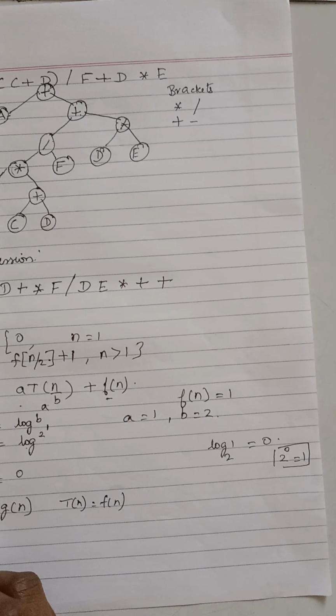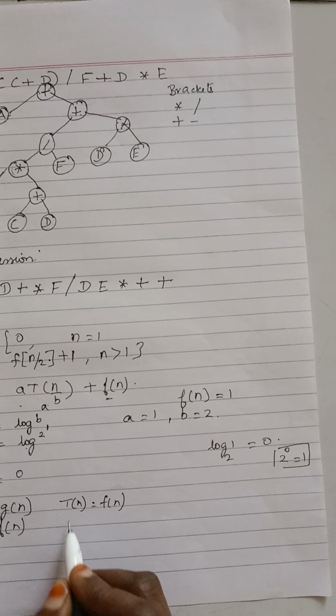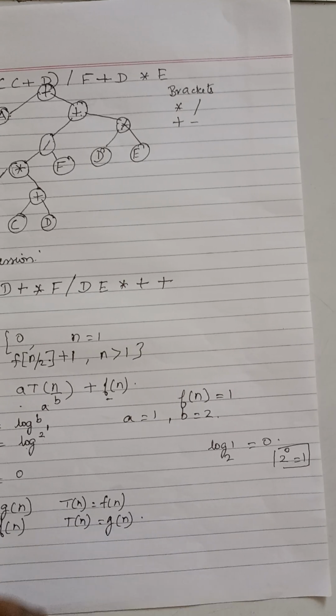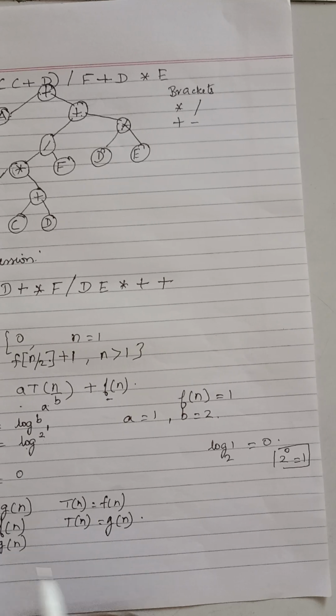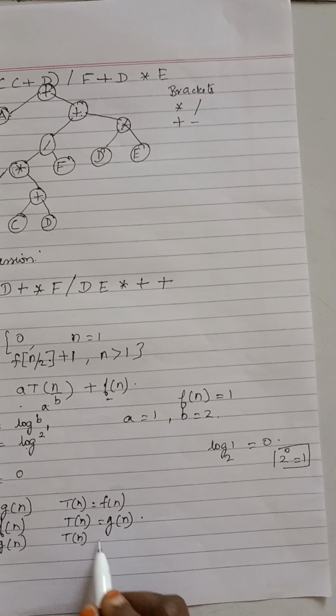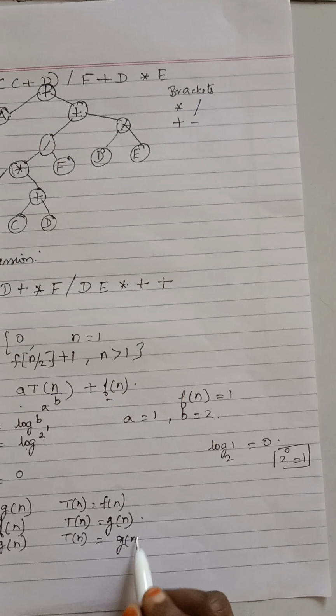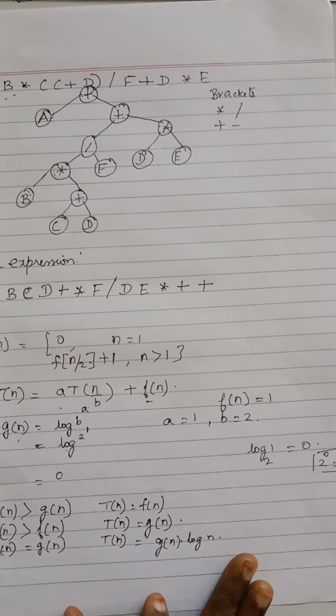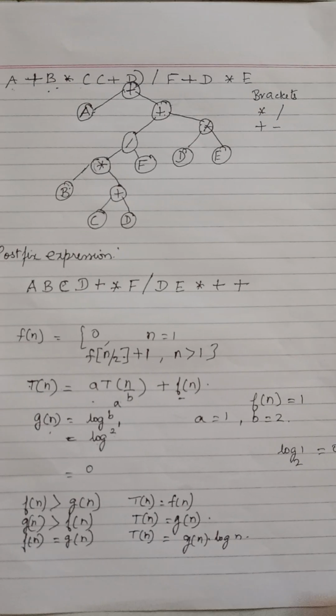If g of n is greater than f of n, then the recurrence will be g of n. Now if f of n equals g of n, then the recurrence becomes g of n log n. So this is the formula which you have to know.